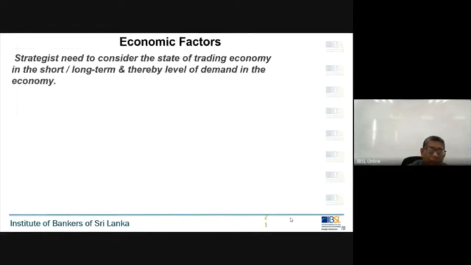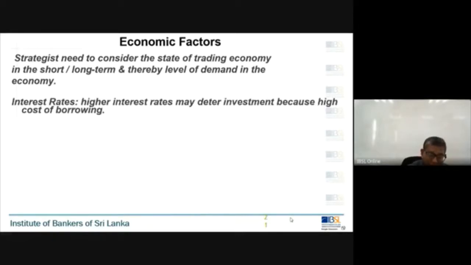When we look at the economic factors, we need to look at what the prevailing interest rate is and what the prevailing inflation rate is. Now, for example, a customer who has a savings balance of 100,000 rupees in a savings account, after one year, what is he expecting?